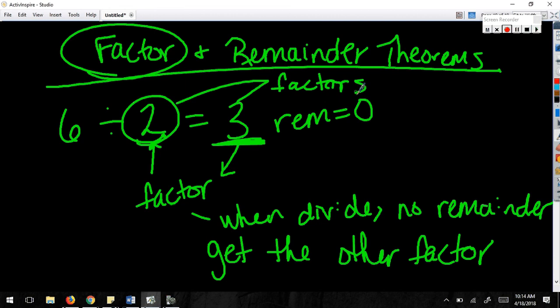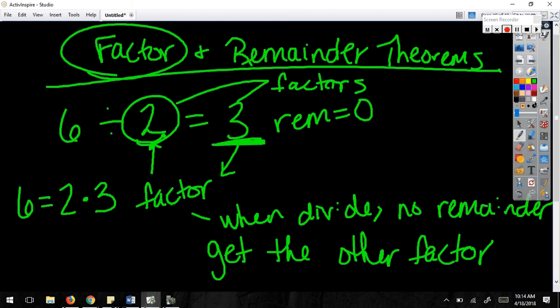What it also tells me is that I could change this to a multiplication problem. What would it look like? 6 equals 2 times 3, because when you multiply the two factors together, it gives you what you started with. So this is where the theory of factoring comes from whenever we start talking about polynomials.